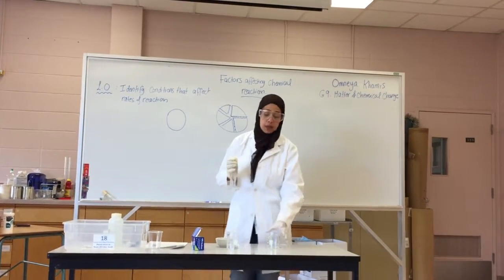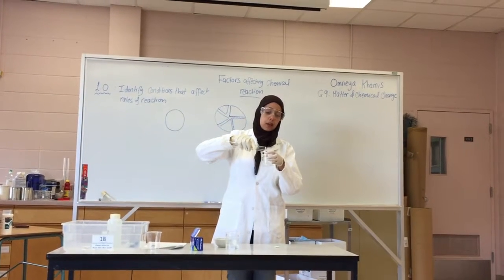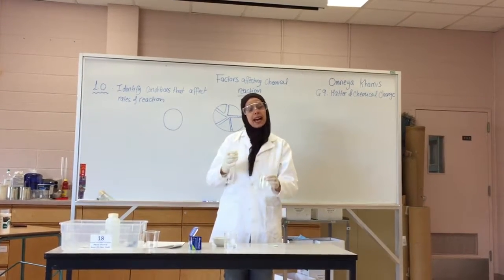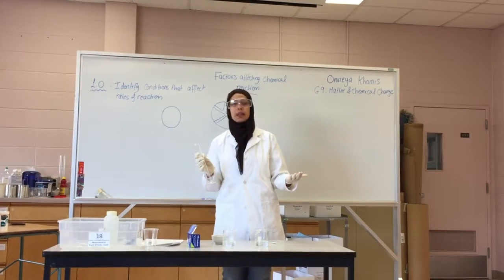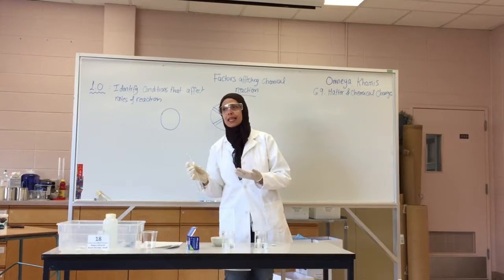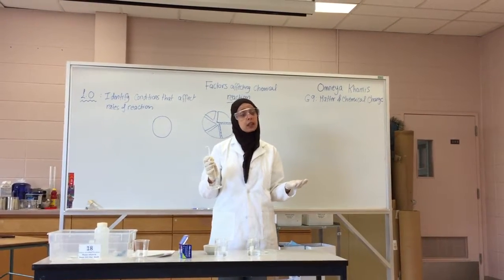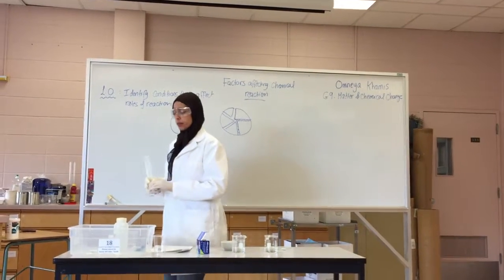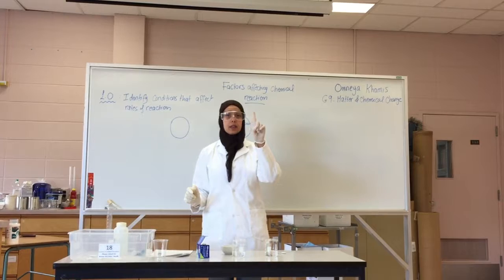Absolutely. If I'm changing both the volume of water and the form of the tablet, then when I have any differences in my observation, I cannot tell whether they are due to the form of the tablet or the volume of water. So when I'm doing any experiment, I have to change one thing at a time.